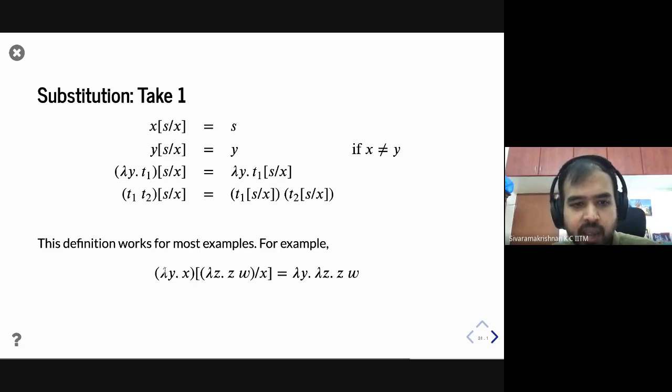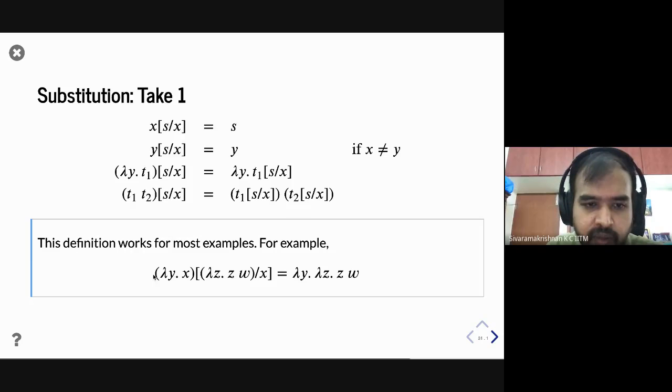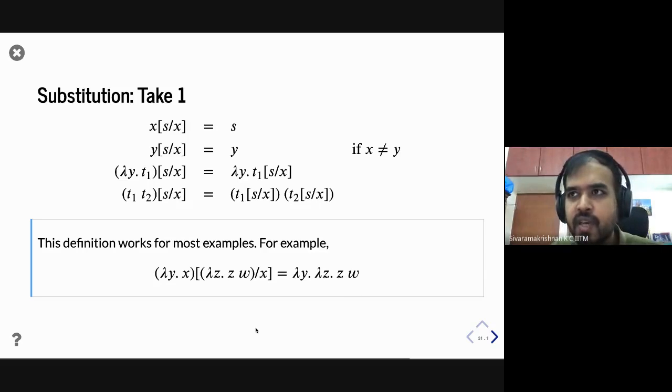M here is lambda y dot x, and we are going to replace that free occurrence of X with lambda z dot z applied to W. So this works out. Just replace X with this term, giving lambda y, lambda z, z, W. So that's fine.